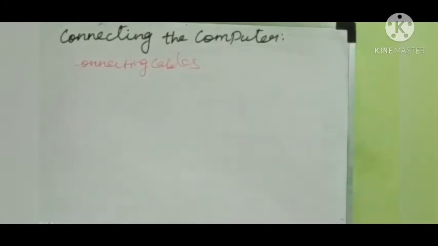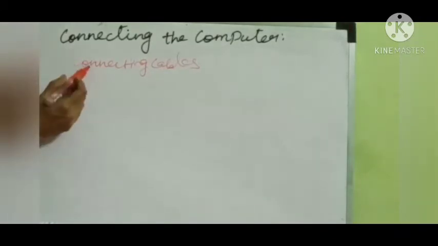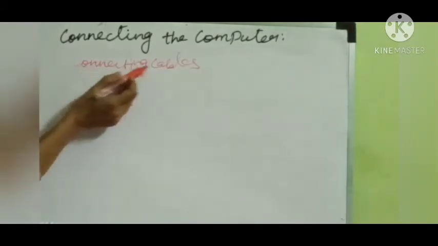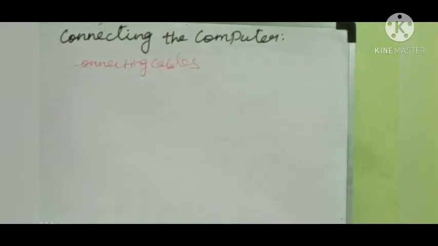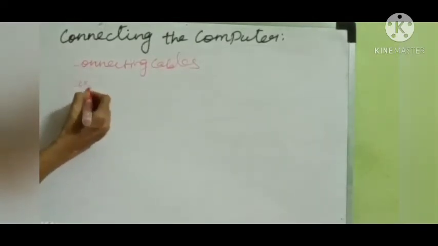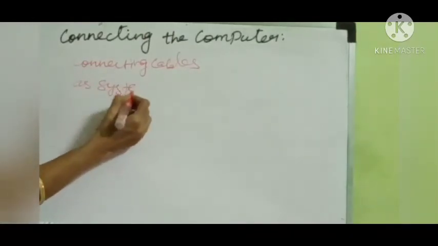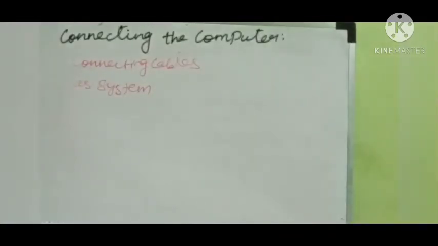In the same way, various parts of the computer are linked through connecting cables. We call computer as system. System we are saying because it is connected with one another.